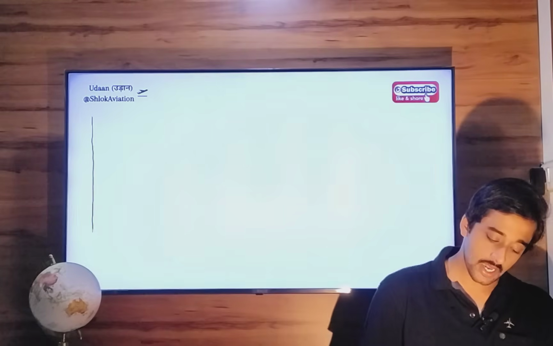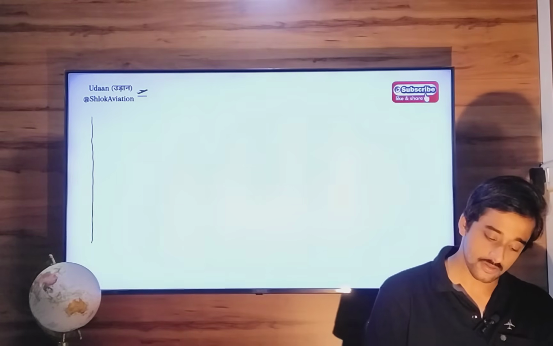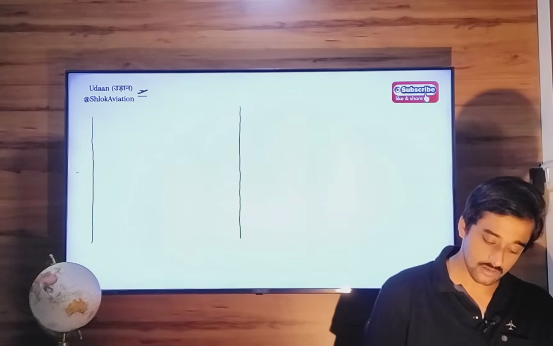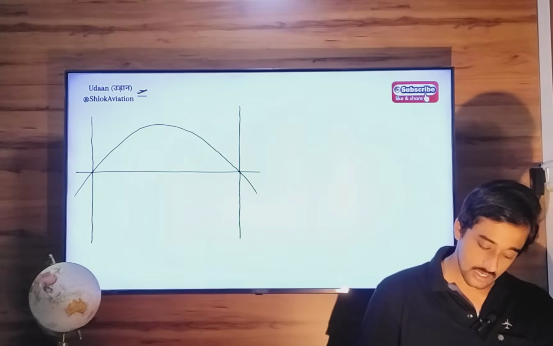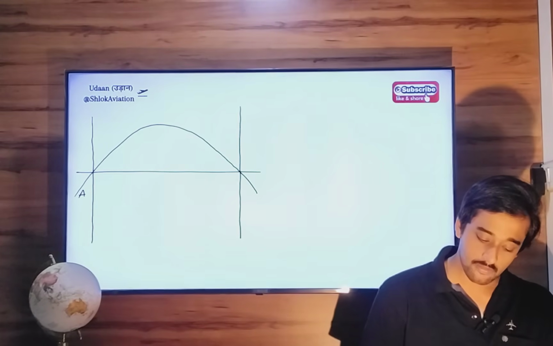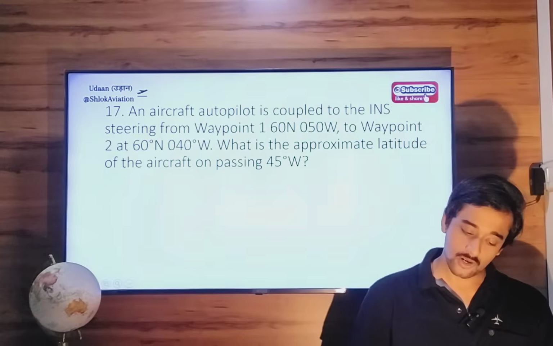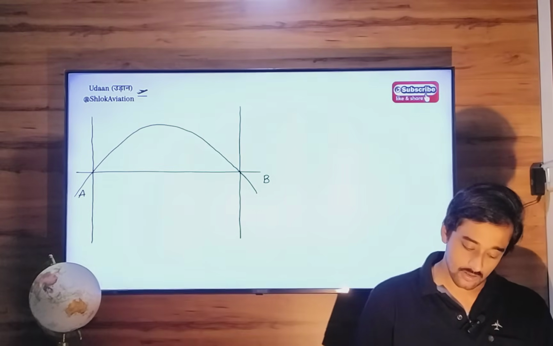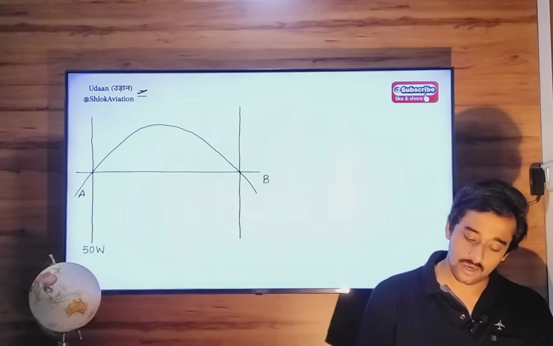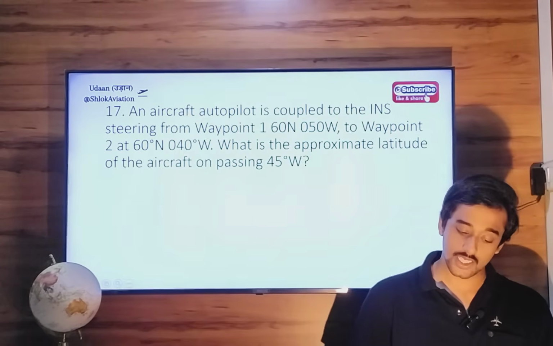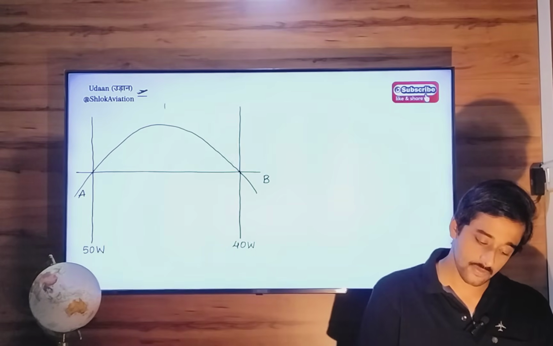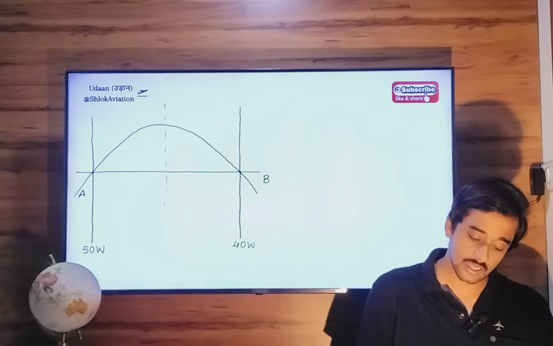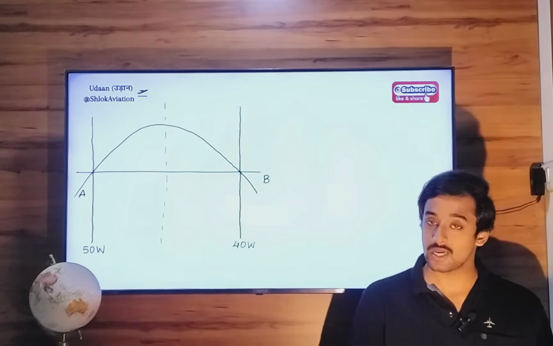Again, draw this diagram. A, B, traveling from 60 north 50 west. The longitude concerned here is 45 west. So 45 west is in the center, exactly between 40 west and 50 west.